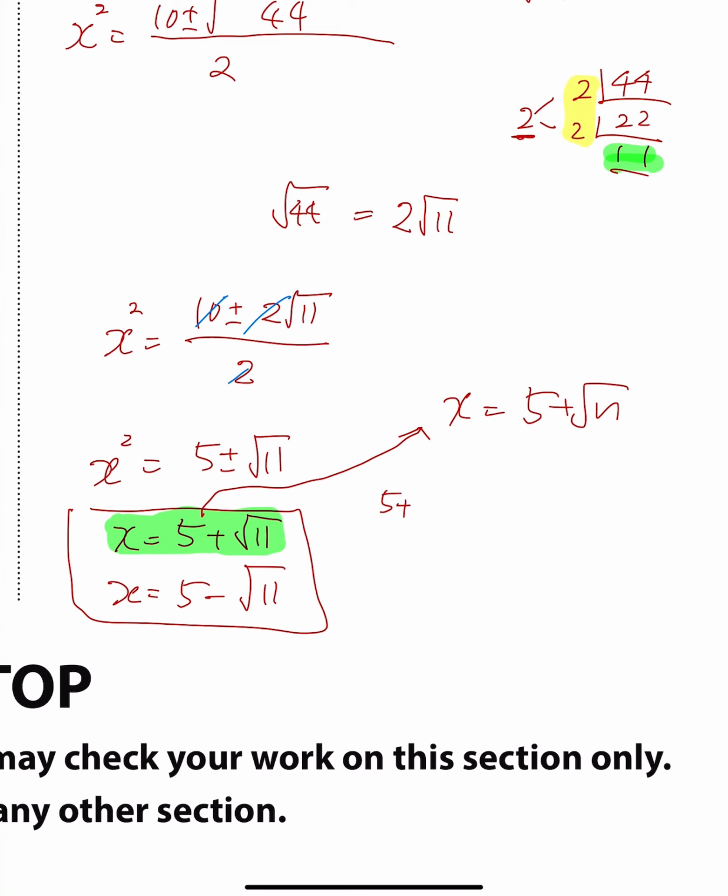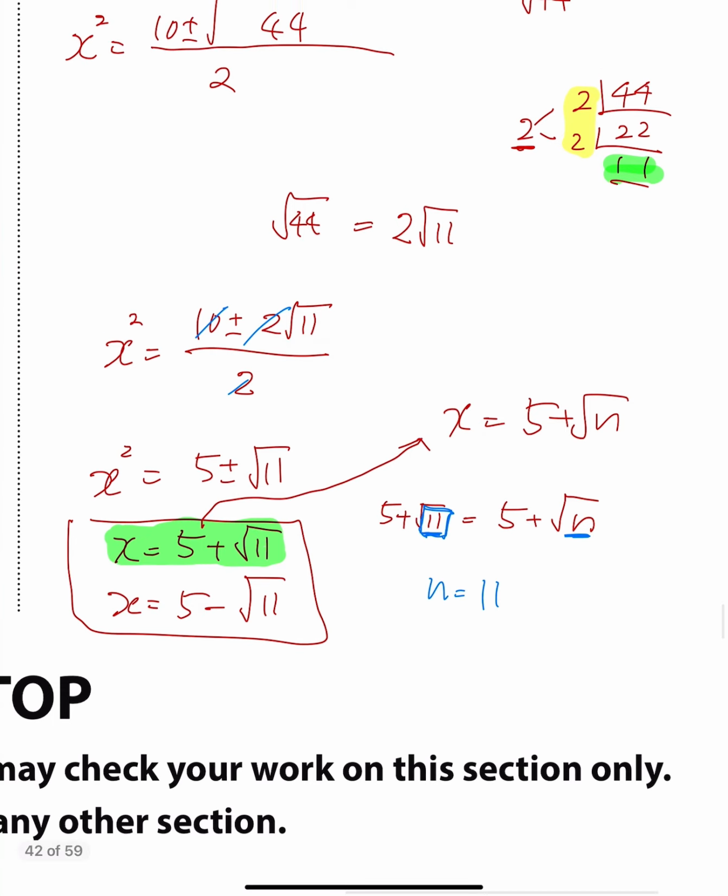We have 5 plus root 11, and that equals 5 plus root n. So what do you think our n is? It has to be equal, so we can assume that n will be 11 by looking at this part. So the answer is n equals 11.